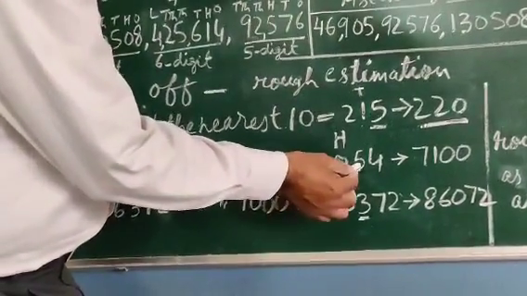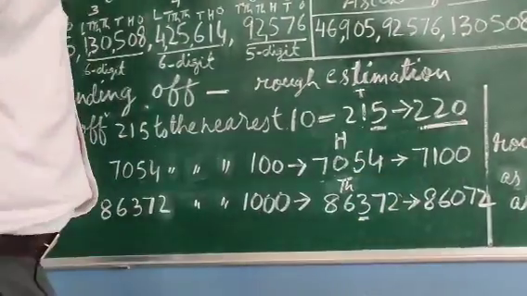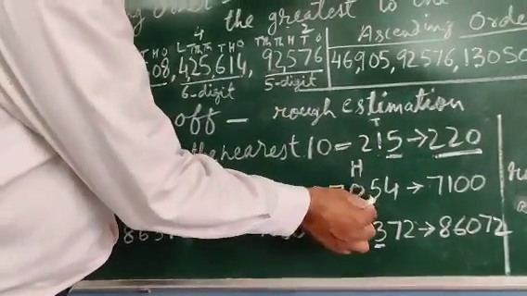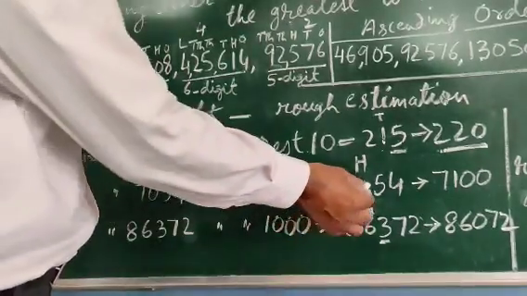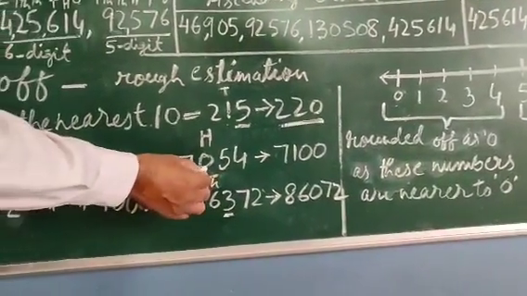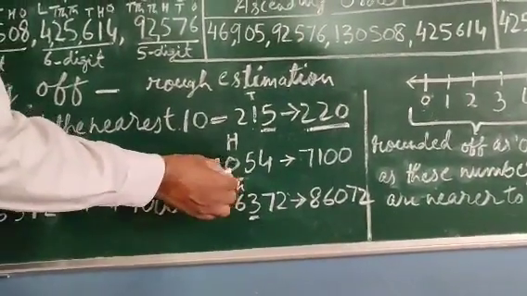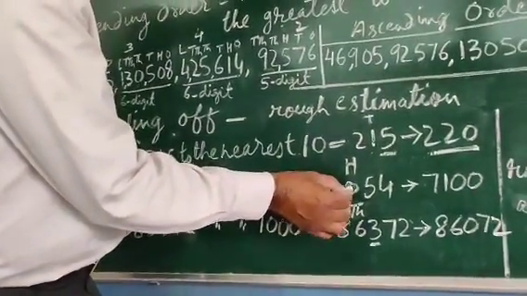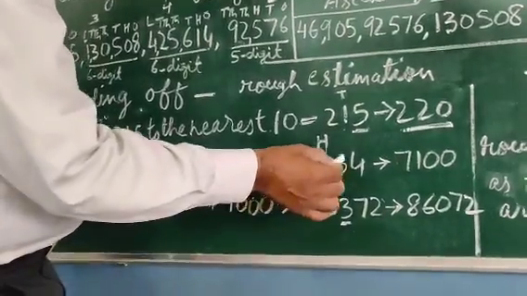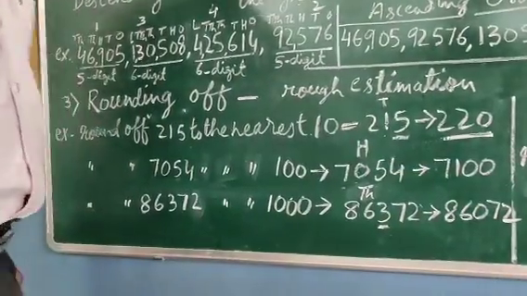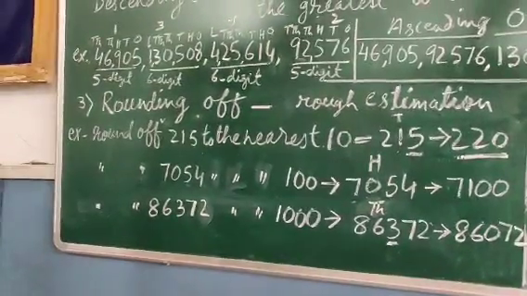Now let us observe the digit just to the right side of 0. It is 5. 5 will be rounded off as 10. That means this 0 will be increased by 1. So 0 plus 1 will give you 1. After rounding off, the number that we will get will be 7100.